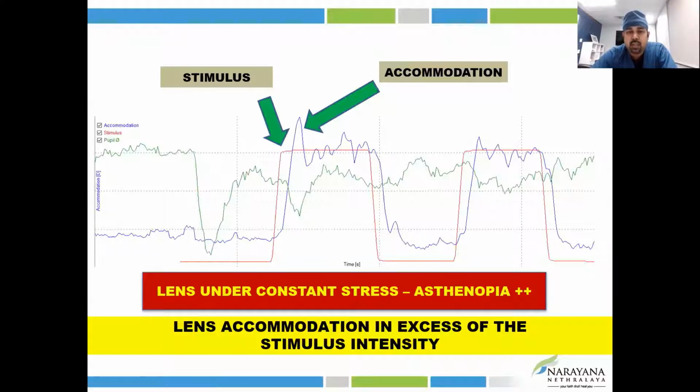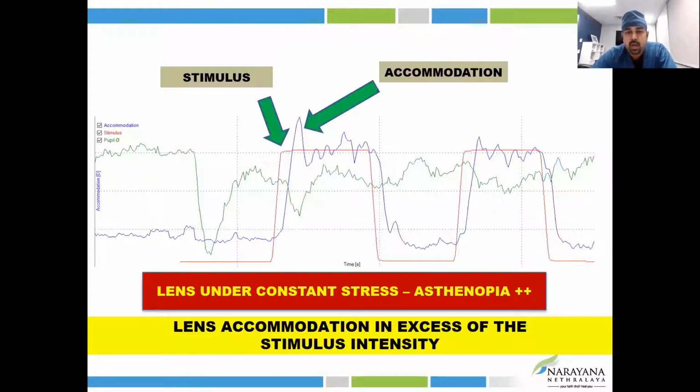So this can also be seen on an eye trace as significantly increased defocus on the internal aberrations, whereas here we can quantify how much internal accommodation happens in response to a stimulus. Normally if the stimulus is around 3 diopters, the accommodation is only around 2.5 to 2.75 diopters.